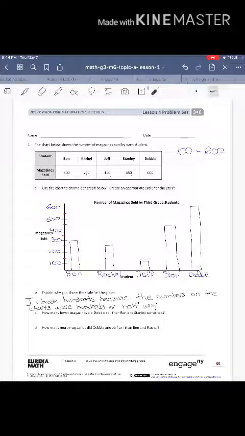They were either hundreds, like 300, 100, 600, or they were halfway, 250, 450, 350, and so on.